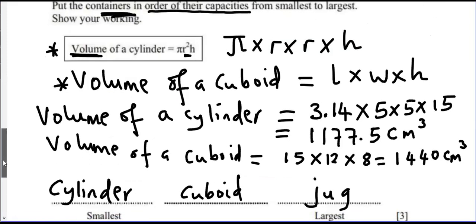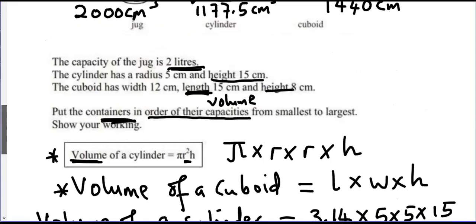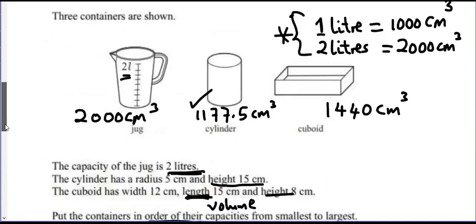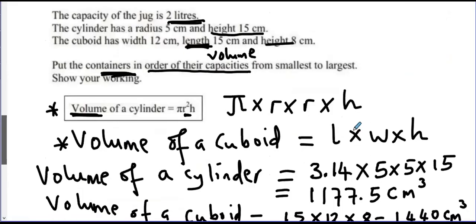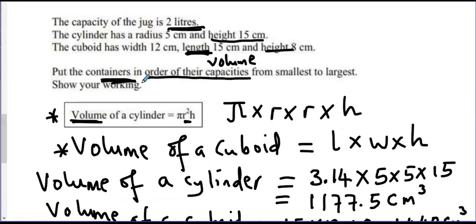Just pause this video and do some calculations, and try to remember this. This is very important: 1 liter equals 1000 centimeter cube. Go ahead and copy those and finish up with putting the containers in order. The question is to put the containers in order of their capacity from smallest to the largest.